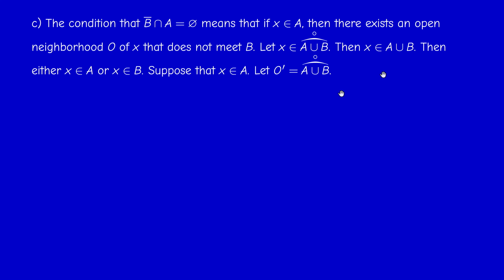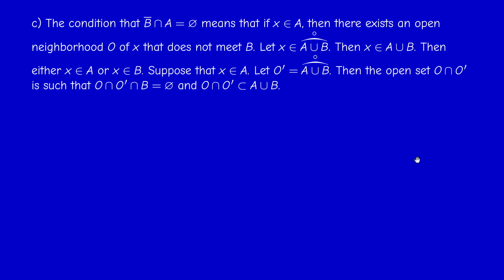Okay, so this is the biggest open set contained in A union B. Now, if you consider the intersection of O and O prime, of course, it's an open set. And it does not meet B because O does not meet B, okay? Because this is smaller. So if the big one is empty, the small one is empty. And second thing, the intersection is contained in O prime, which is the interior, which is contained in A union B. So what do we have here? This open set, O intersected with O prime, is contained in the union, but does not meet B.